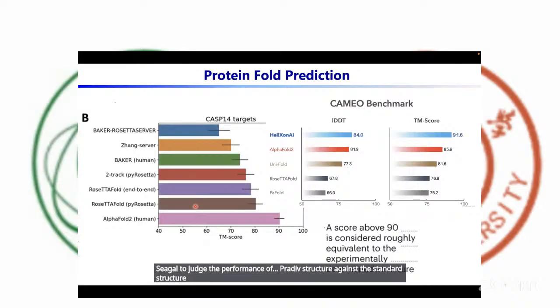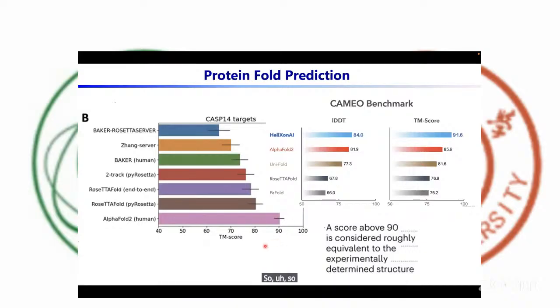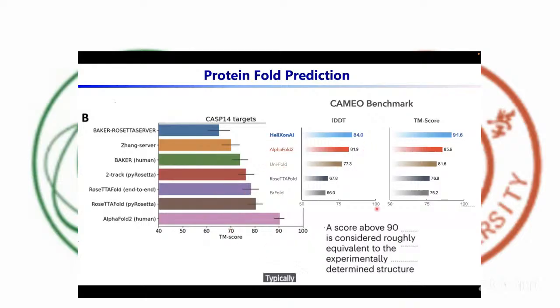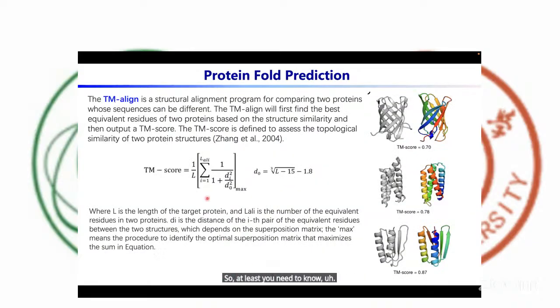So when you read about the performance comparison of structural prediction AI, typically you see tables or figures showing the TM scores. So at least you need to know what the TM score is.